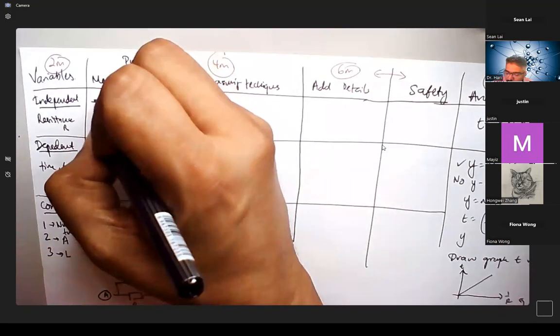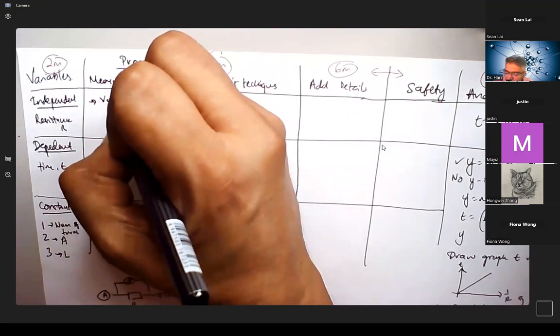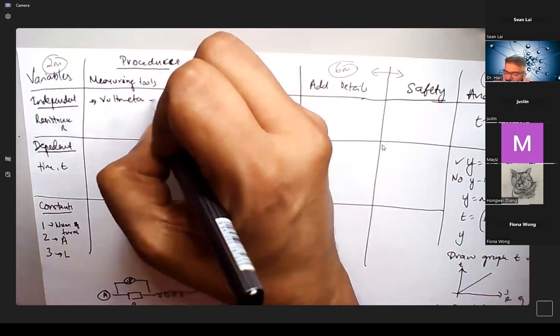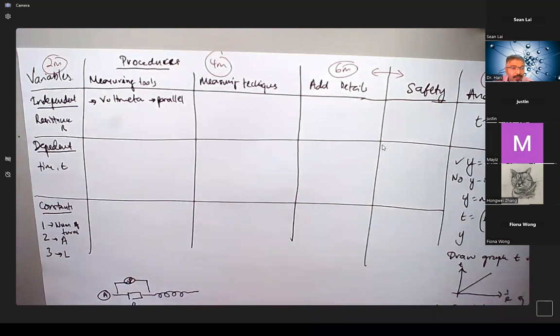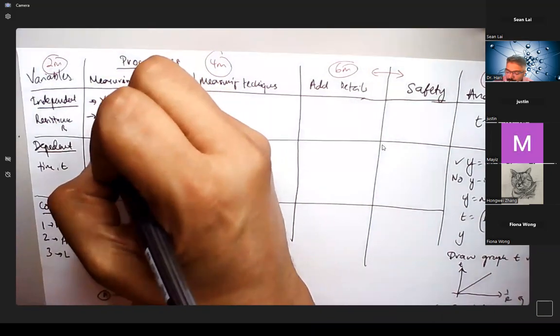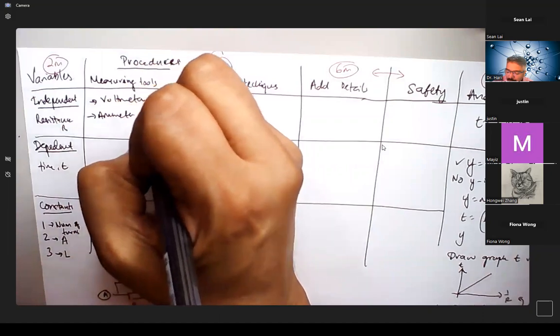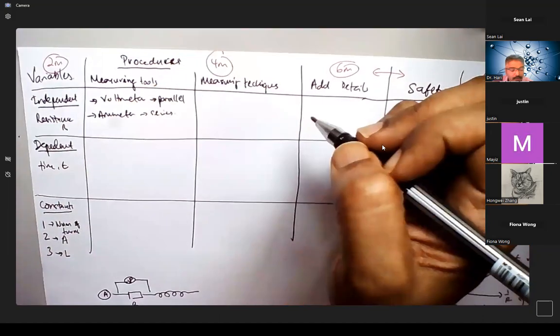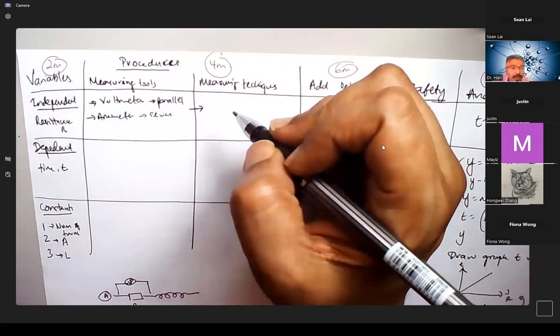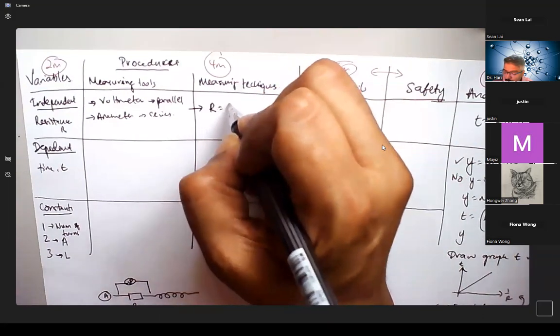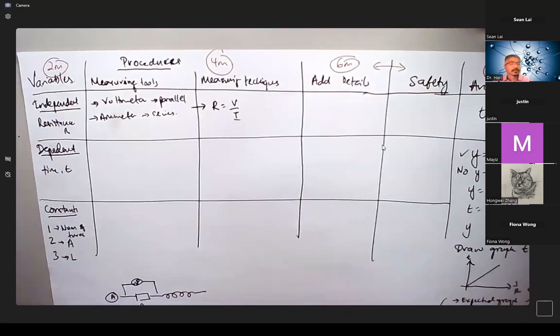So measuring tool: voltmeter in parallel connection. You can explain or you can draw it out. Ammeter in series. And measuring technique: finding resistance using the formula V over I.